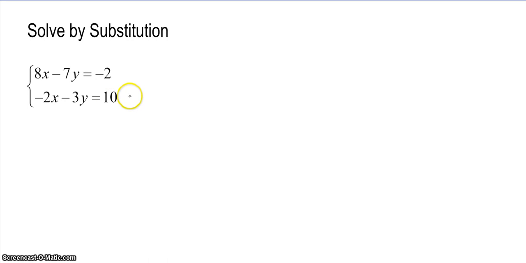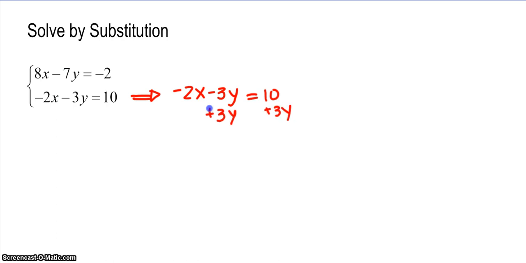So what I'm going to do, just because I like smaller numbers and dividing by 2 isn't too difficult, I'm going to solve the second equation for x.